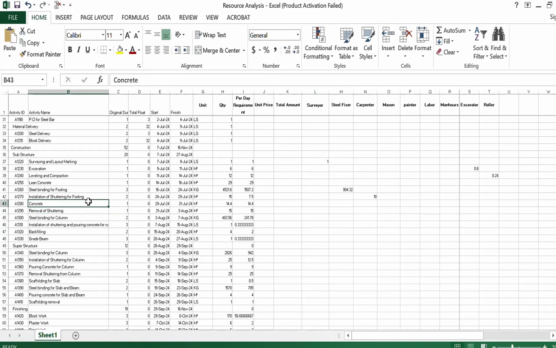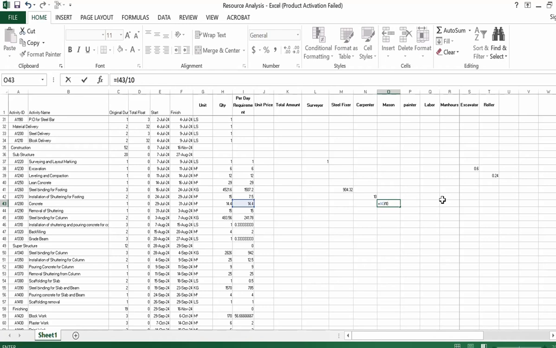Concrete pouring, we need a mason for this. Suppose one mason will do 10 meter cube of concrete in 1 hour, so we will divide the per day 14.4 by 10 meter cube.